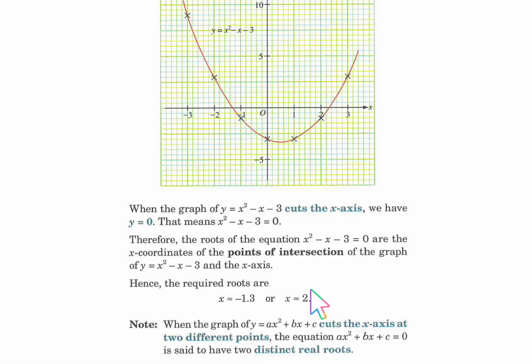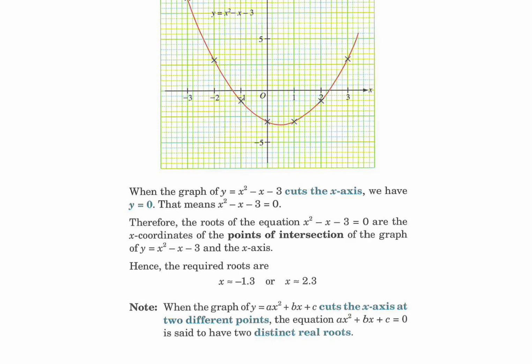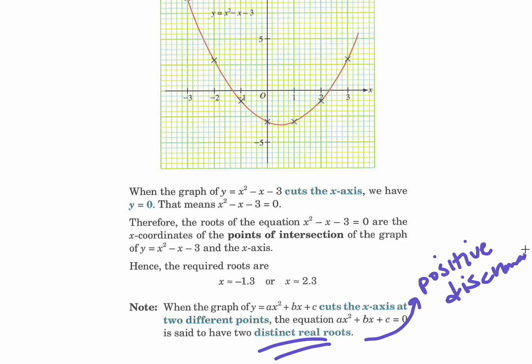And so we can say that this problem has two distinct real roots. If we had checked the discriminant, we would have had a positive discriminant value. And we could have used that to predict as well.